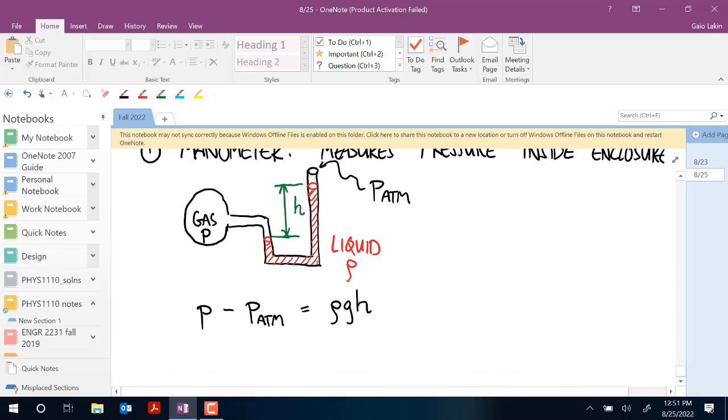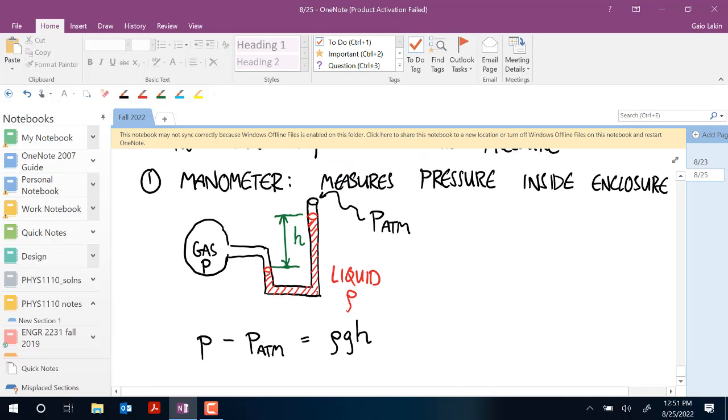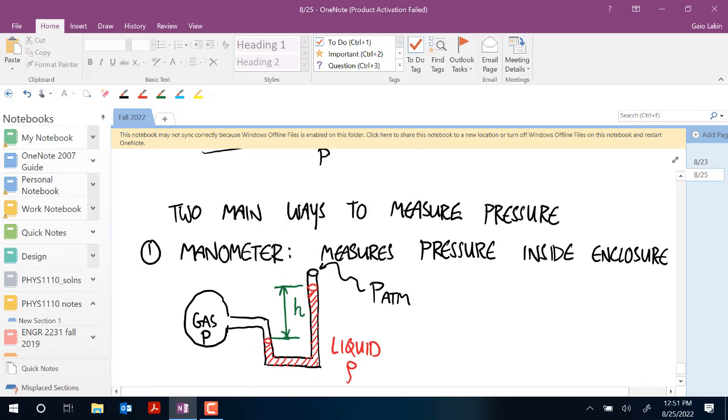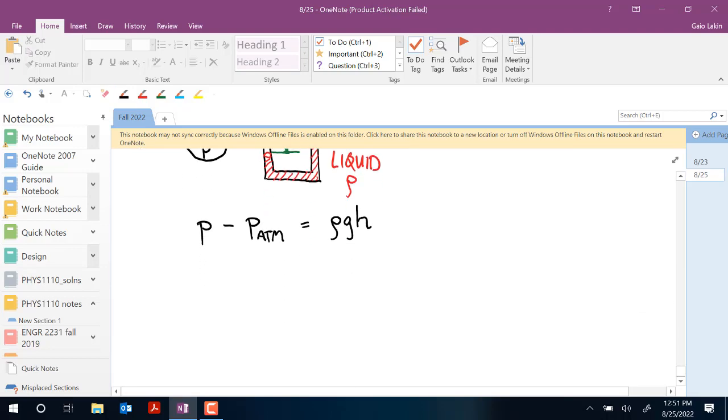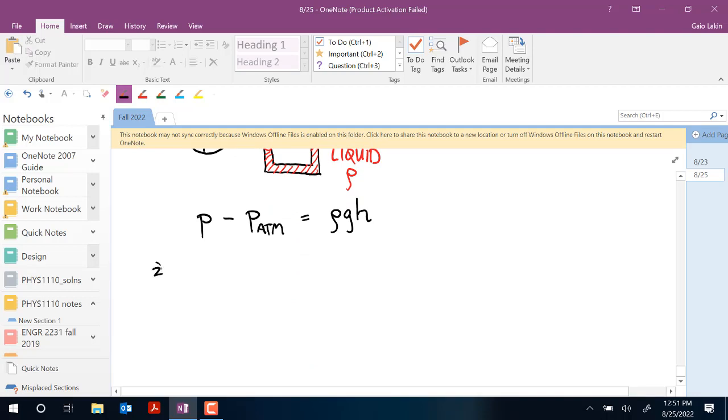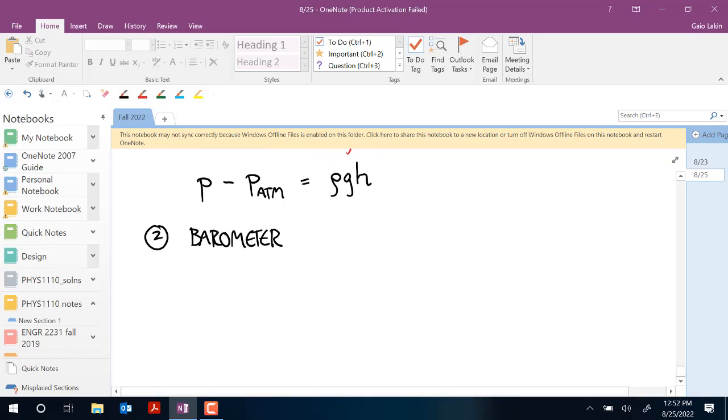The other tool for measuring pressure, to measure atmospheric pressure, is a barometer. This system looks like this.